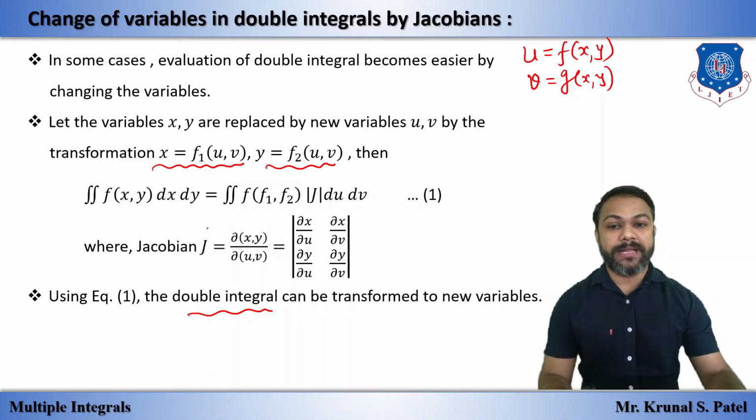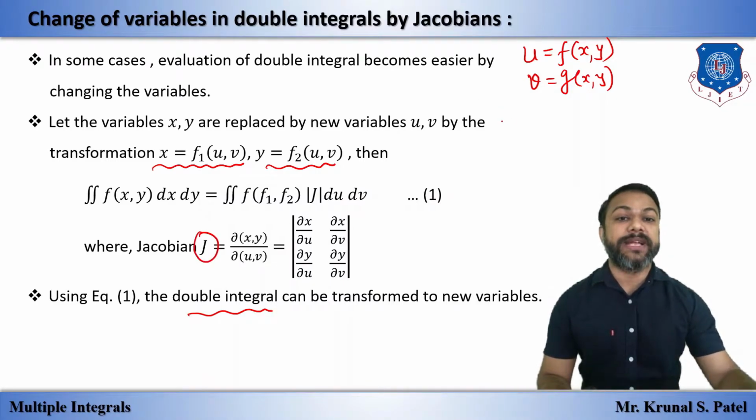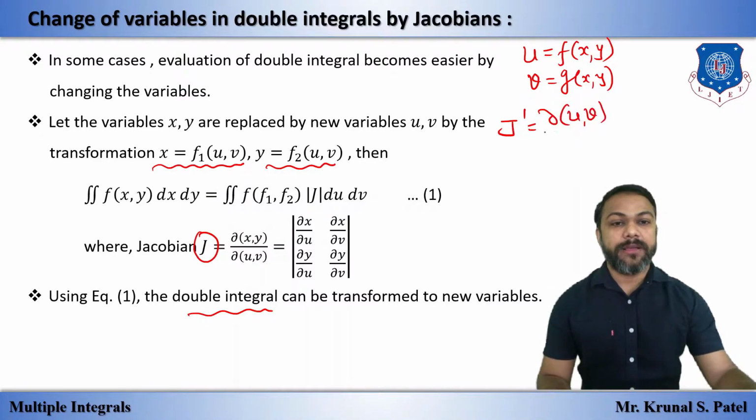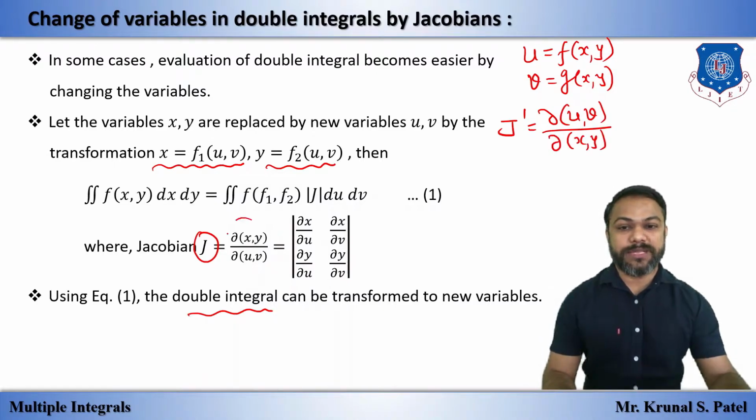So we will find not j, but j dash. And what is j dash? J dash means del uv by del xy, that is, the reciprocal of this.